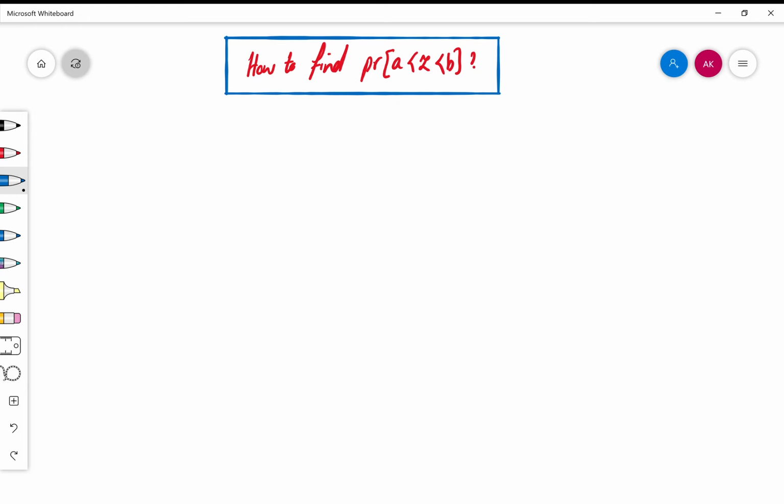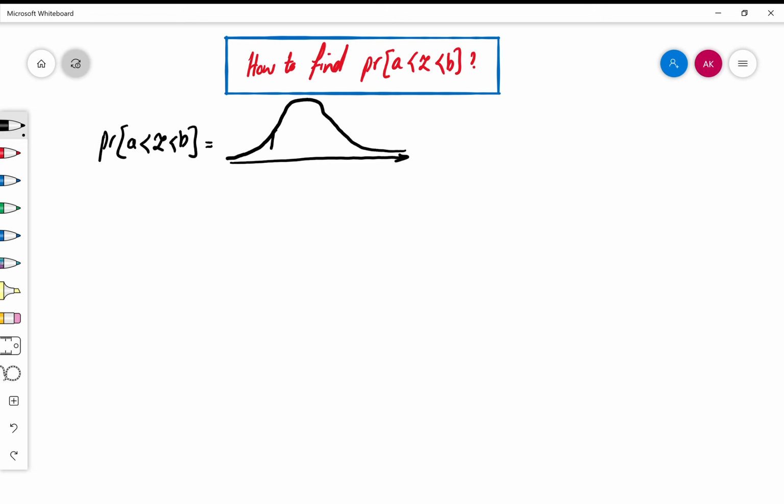Everything comes from this fact that if you're looking for probability of z between a and b, this means that we are trying to find the area under the graph of this thing from a to b.